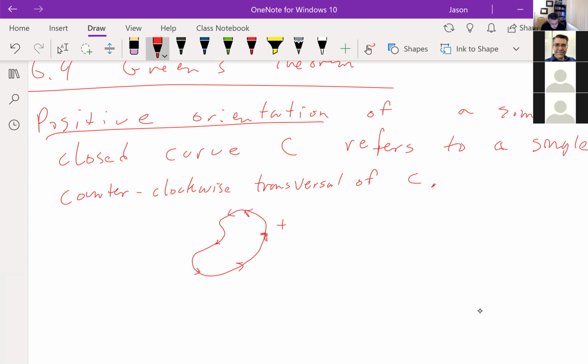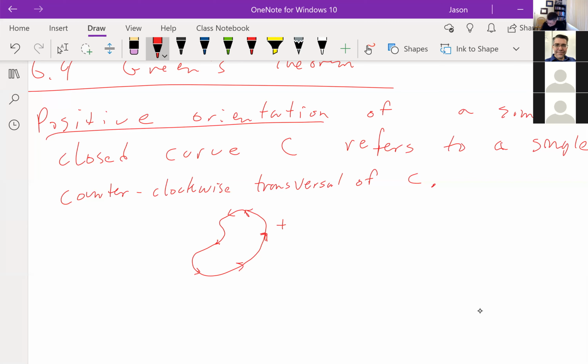A negative orientation would be clockwise. And then again, think of the right-hand rule, as if you took a normal vector to this, it would be normal to this domain. As we go counterclockwise, think of it being normal coming up.